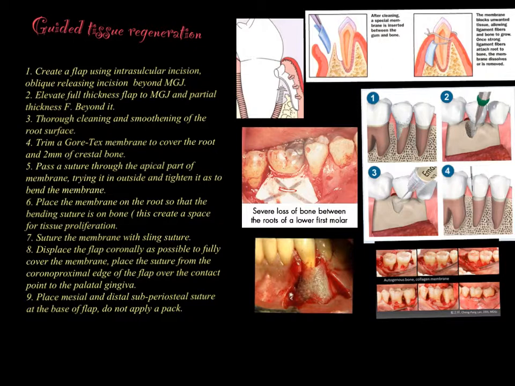Compared to the traditional grafting techniques, as we described above, guided tissue regeneration has the advantage of eliminating the need for a second surgical wound. But if we use a non-resorbable membrane, a second surgical procedure is required to remove the membrane.